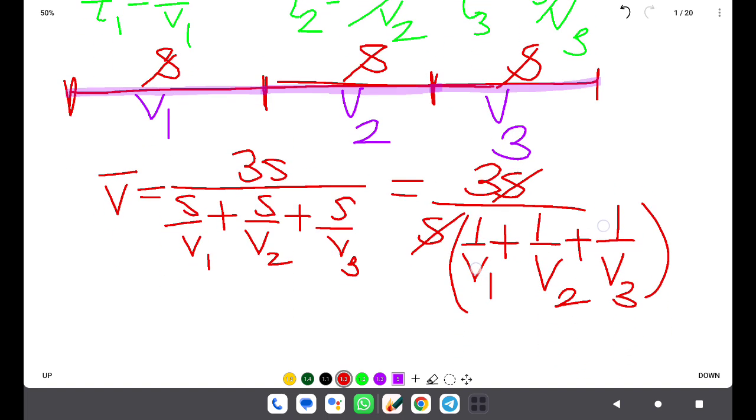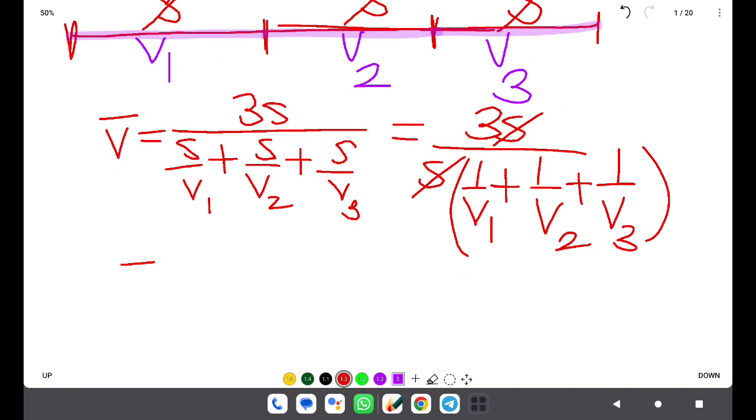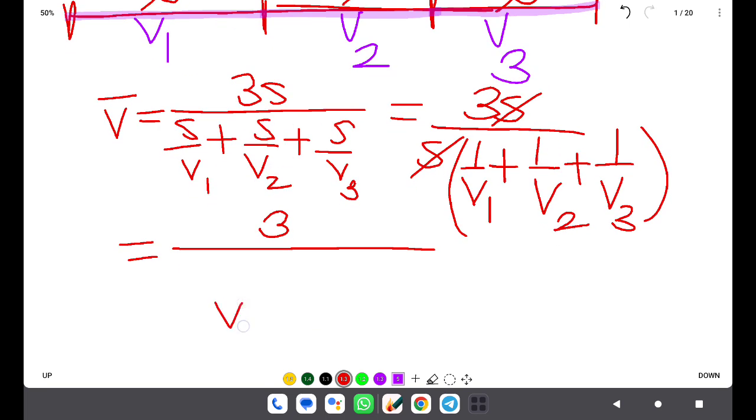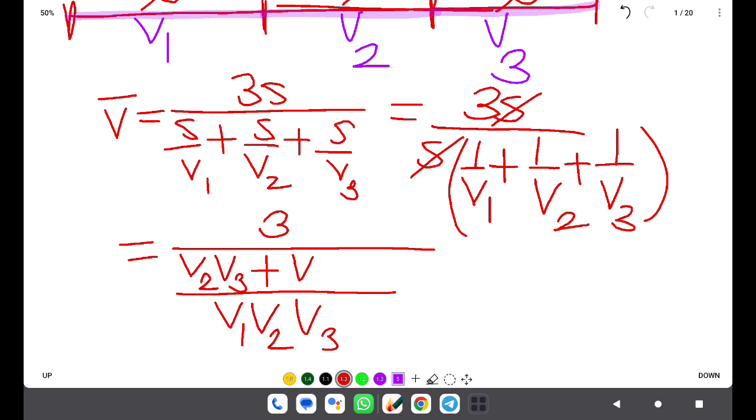The s cancels, and you are left with 3 by, taking LCM as v1v2v3, v2v3 plus v1v3 plus v1v2.